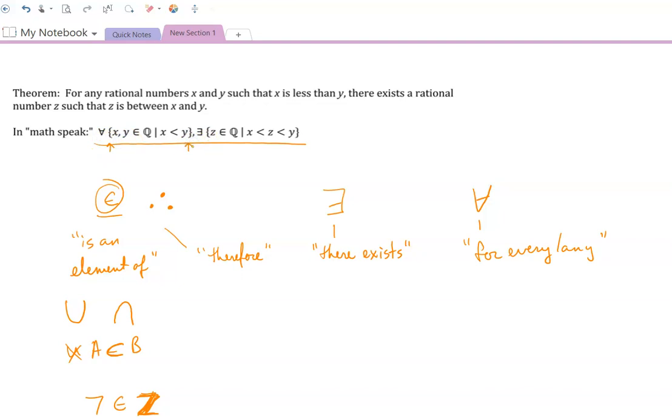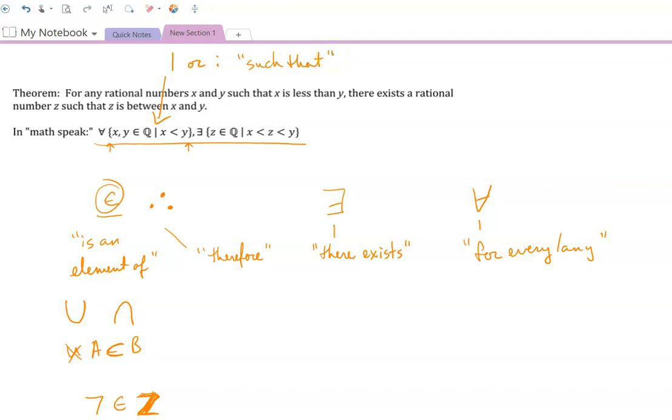So what this says is for any rational number, so X and Y are in the set of, or are elements of the rational numbers. Okay, and then the vertical line, I mentioned the 2 dots in another video because that's the notation that our textbook uses, but the vertical line or a colon means such that.